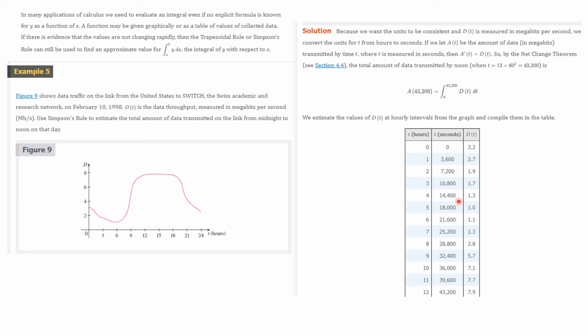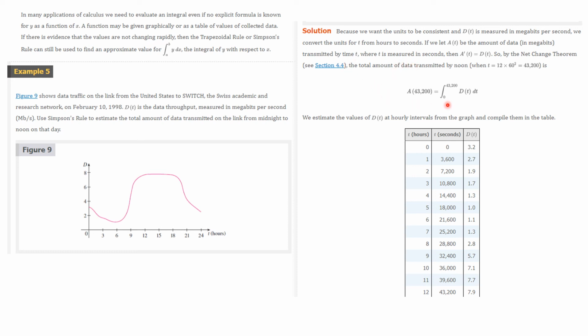So you have a whole bunch of data points, for values of t you have D of t. This is the only thing you are using in Simpson's rule in this example. You don't really need the entire curve.